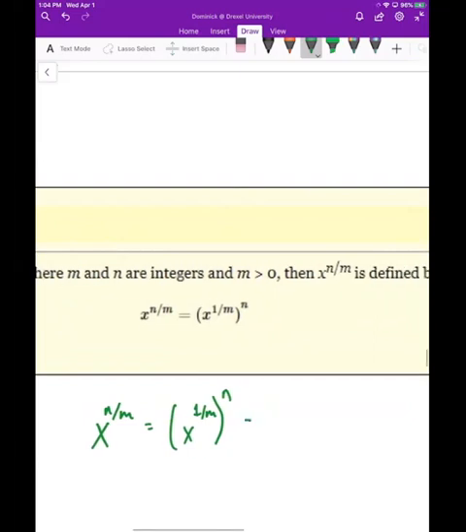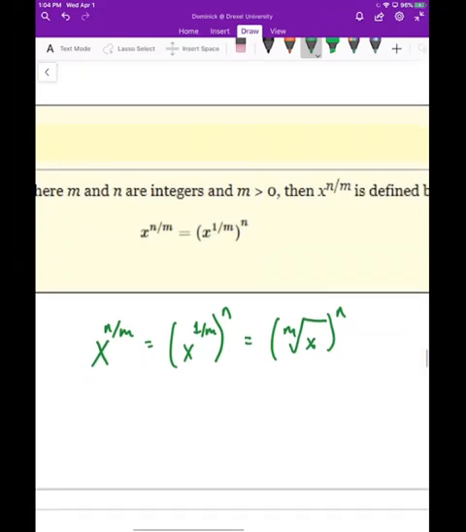And this is really saying that it's the same as the mth root of x to the n power, right? Sometimes it's also helpful to think of it as the mth root of x to the n with the n on the inside, but usually the more helpful way to think of it is the mth root of x, find that, and then it's all to the n power.